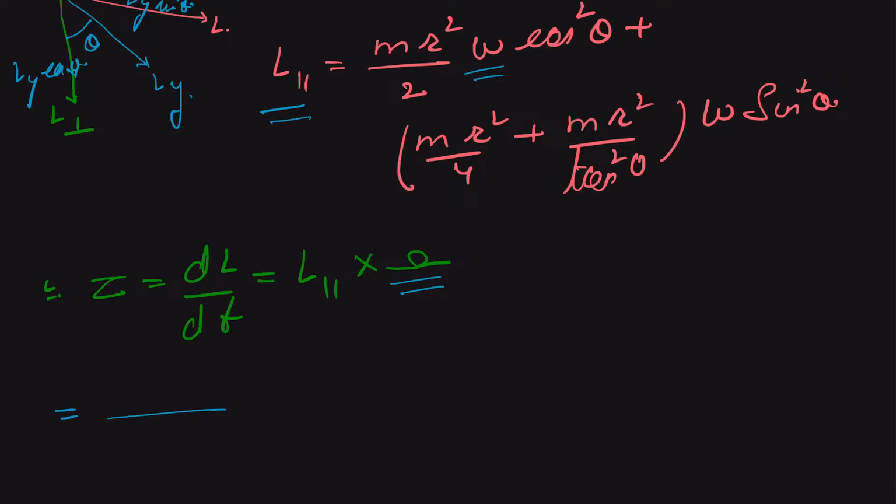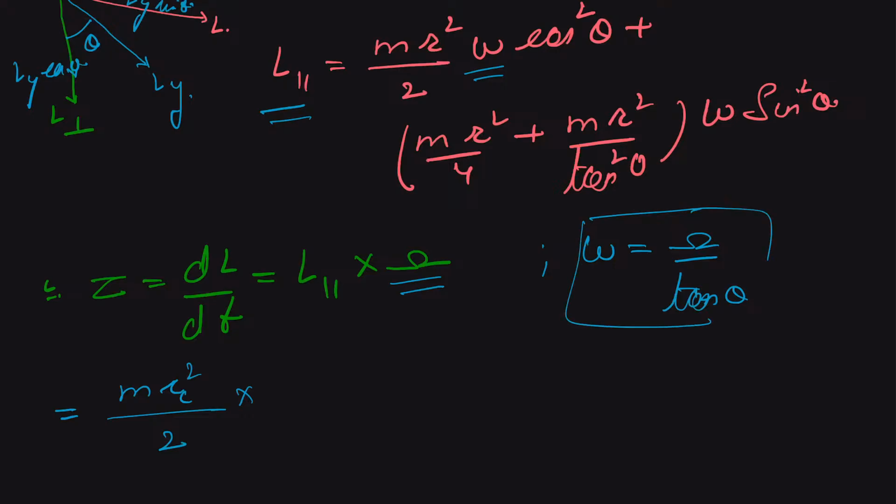So we get this as our m r square upon 2, and this omega is equal to omega upon tangent of theta.